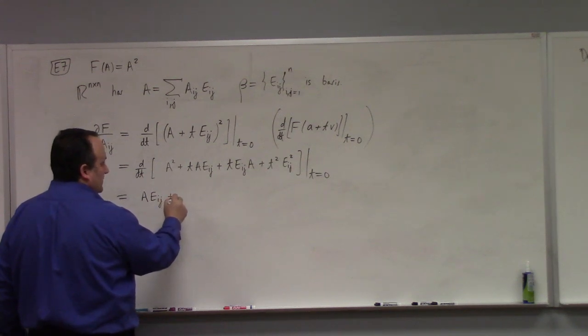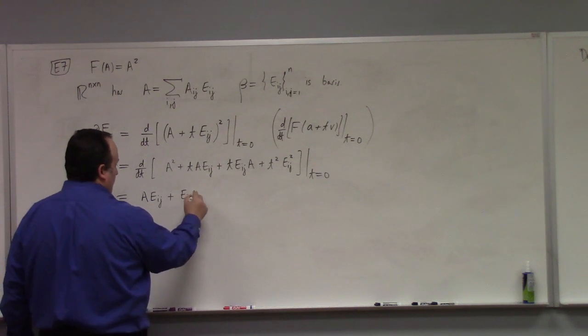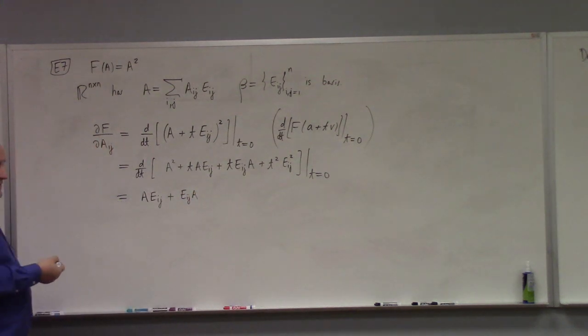The derivative of A squared with respect to t is 0.